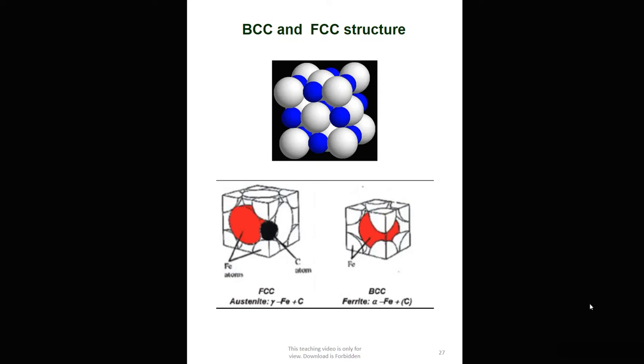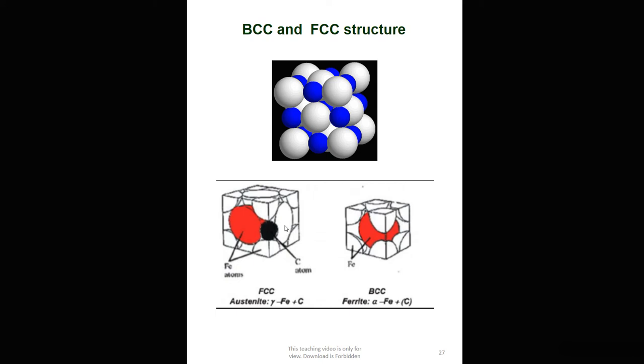Okay, now we start to discuss the BCC and the FCC structure. As I taught before, the FCC structure exists at very high temperature.